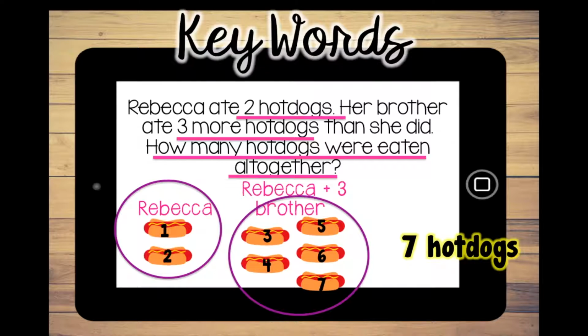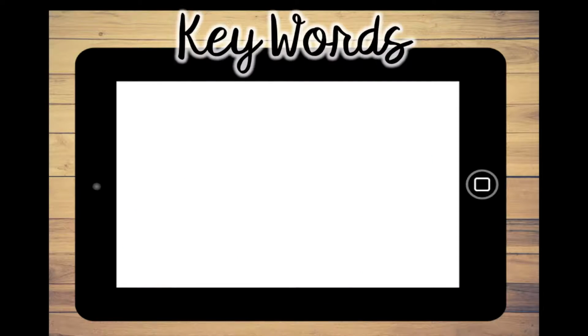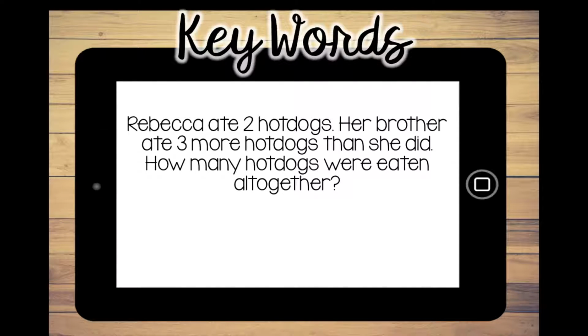This time, we're going to do the same problem, but we're not going to draw a picture. Let's see if you can do it independently. Rebecca ate 2 hot dogs. Her brother ate 3 more hot dogs than she did. How many hot dogs were eaten all together? Use addition sentences to help you figure out this problem. Let's first underline things that we know to get us started.